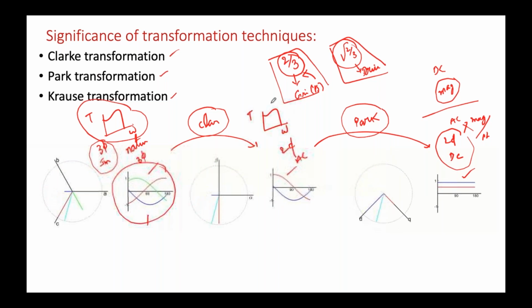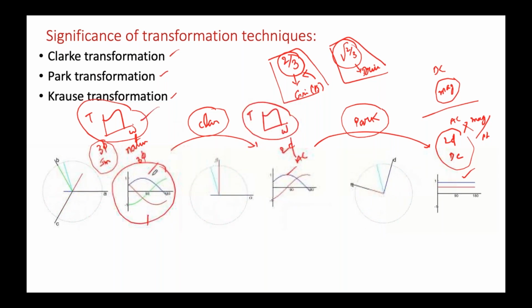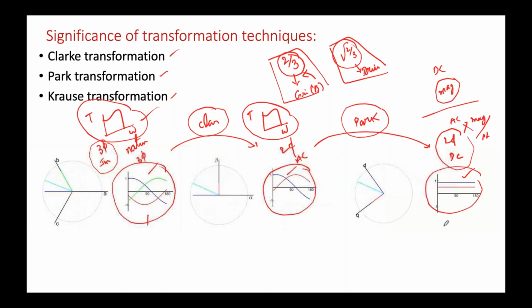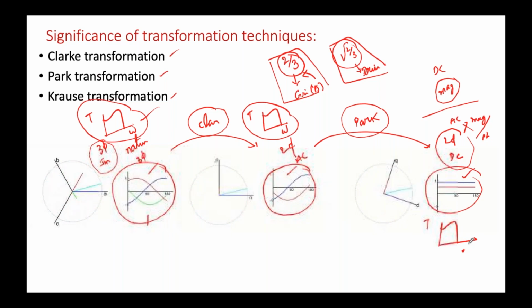Whatever signal you are getting by using three-phase natural variables, the same torque speed profile you will get by taking two-phase AC variables. At the same time, by taking two-phase DC also, you will get the same torque speed characteristic. Finally, the speed torque profile will not vary.